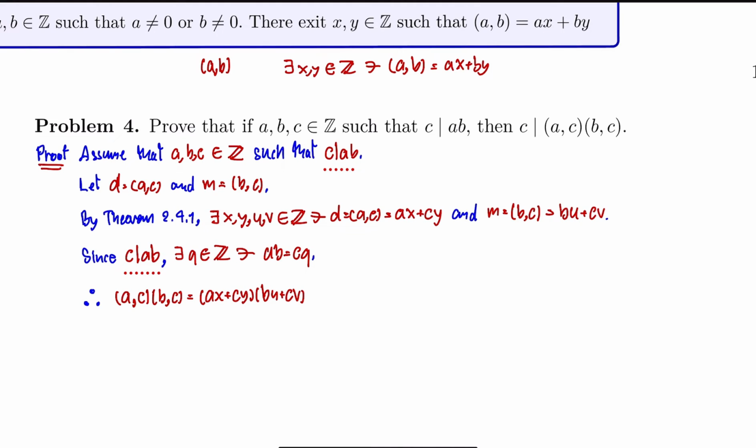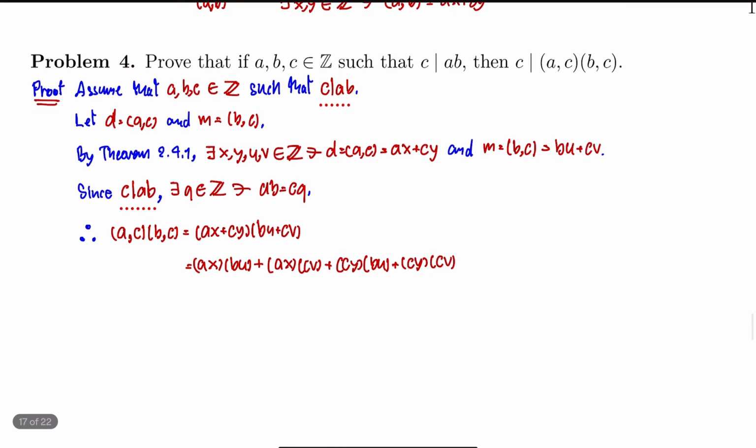Okay, and then we multiply it, so it turns out to be ax bu, plus this one here, ax cv, plus multiply this term, cy bu, plus cy cv.